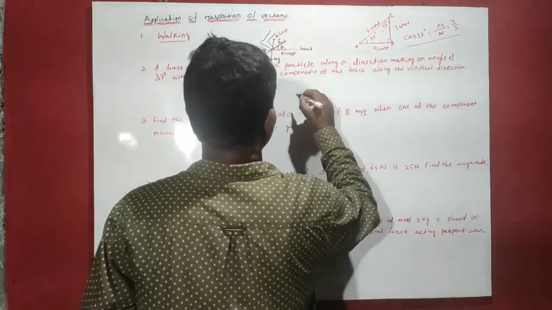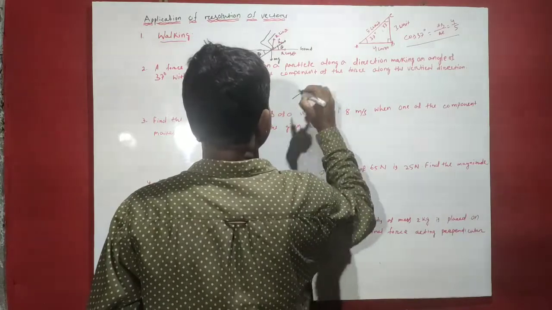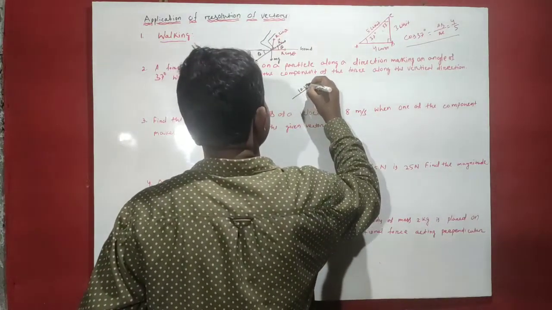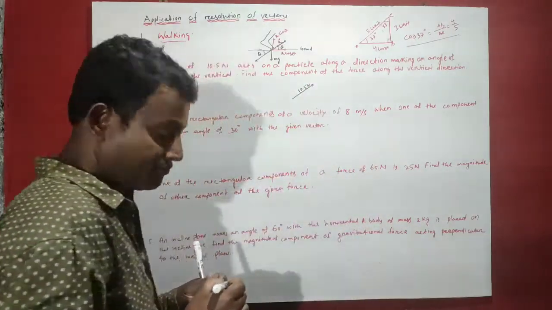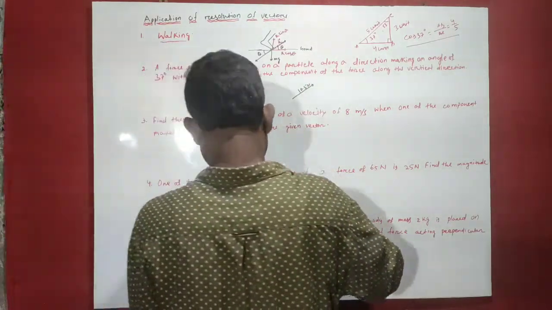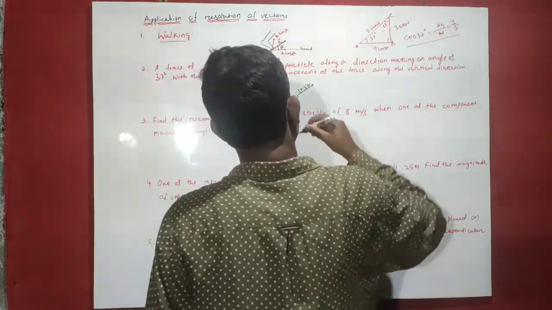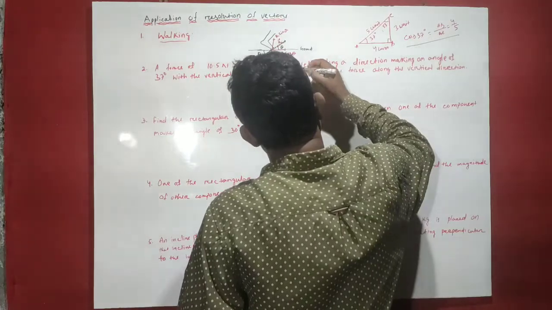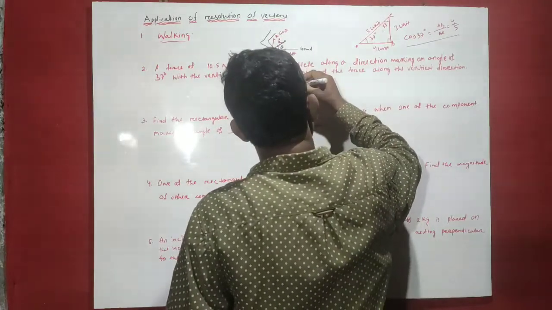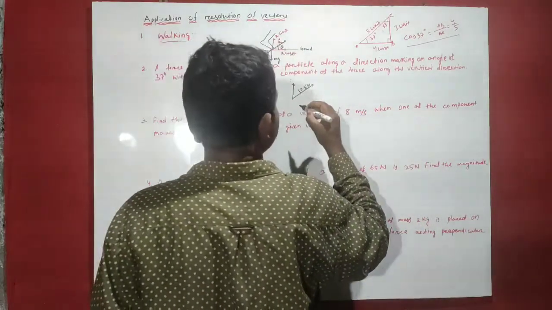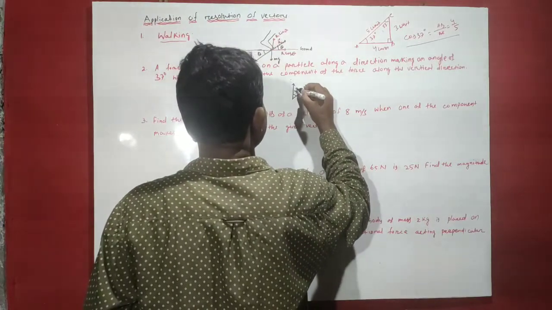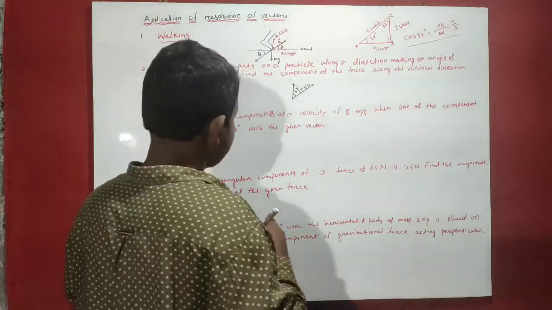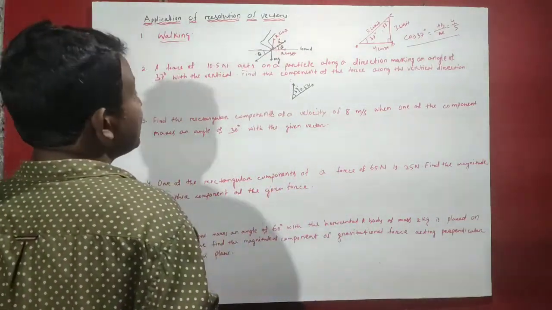Let a force of 10.5 Newton act, making an angle of 37 degree with the vertical. So find the vertical component.